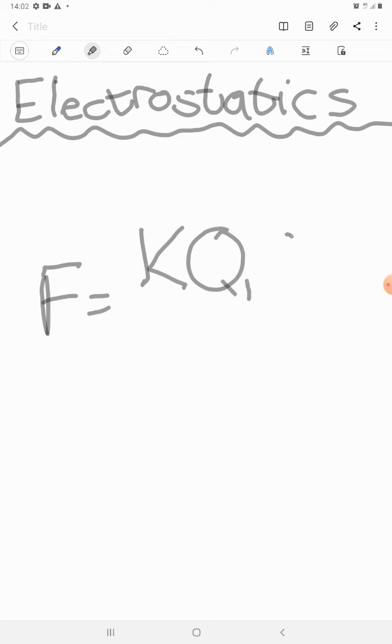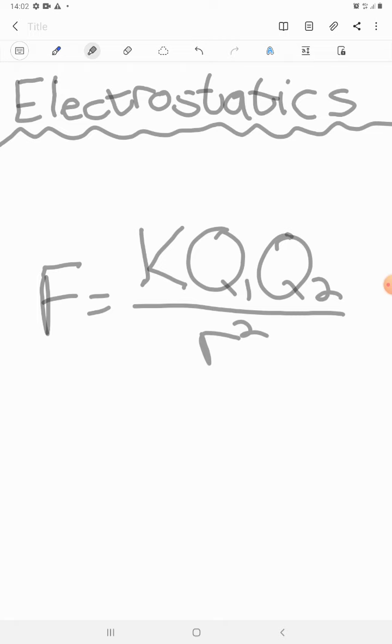We're first going to be looking at one-dimensional electrostatics, but first let's look at a formula. F is equal to K times charge 1 times charge 2 over R squared.